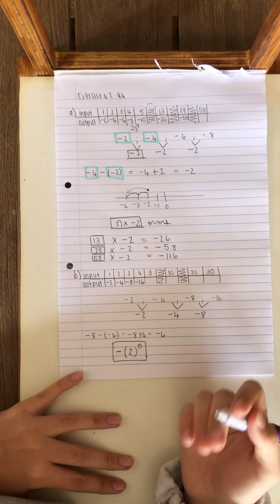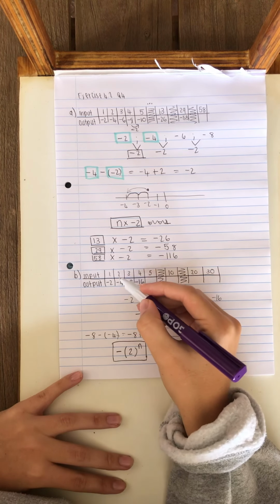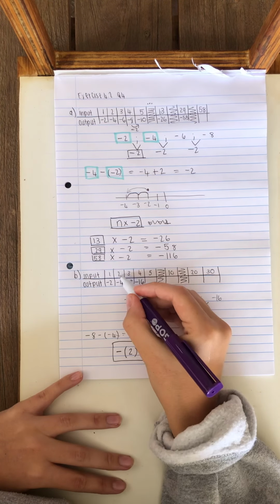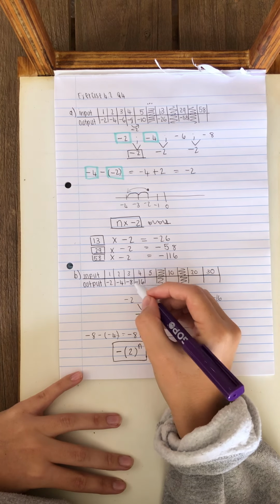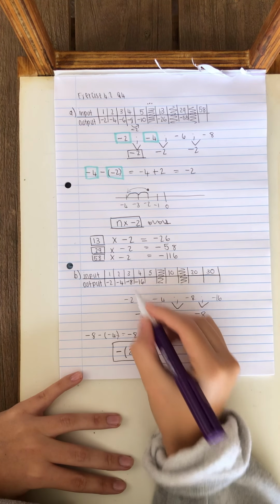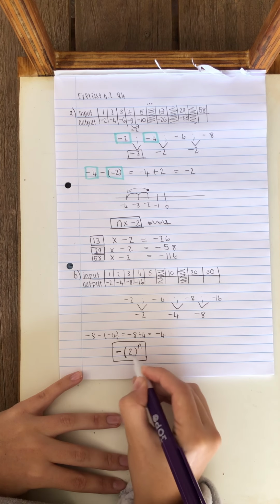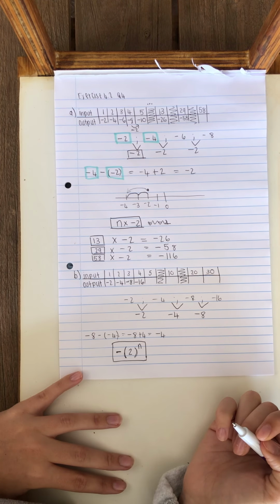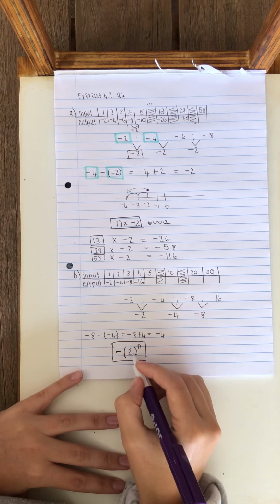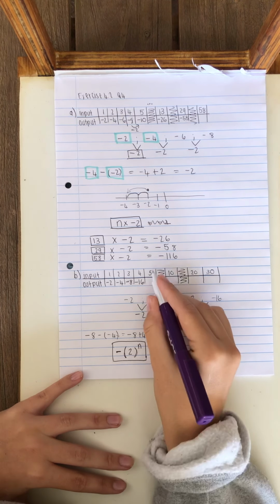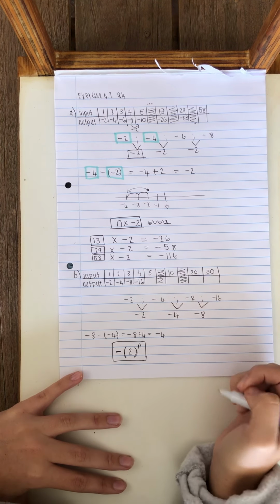That's why I'm saying it's by observation. So 2 to the power of 2 gives me 4, 2 to the power of 3 gives me 8. But my answers are all negative, so I have to put the negative before the bracket to make sure it's negative. So if I use this formula, then I can do these next few.